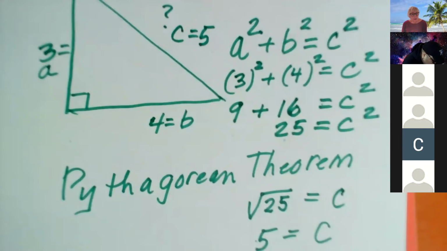So you can write this down. You don't have to memorize this formula, but you see this is very interesting. This particular formula comes up: A squared plus B squared equals the long side squared.